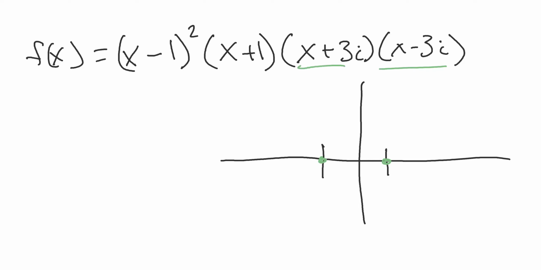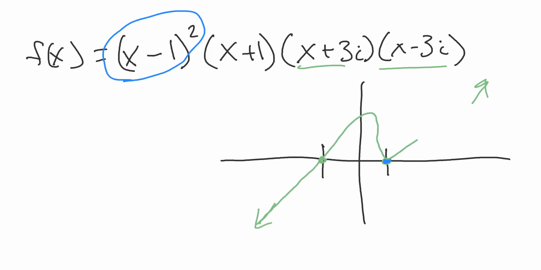We also know that our end behavior is going to be like this, since it is an odd polynomial with a leading coefficient that is positive. But we know that right here, we're actually just going to touch the x-axis and turn, because that is of even degree. So what it's going to look like, we're going to go through our x is -1. We're just going to touch this guy and we're going to turn, because we're of even degree there.